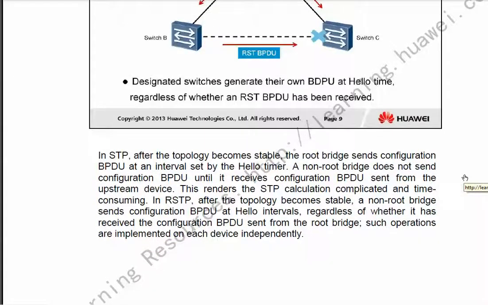In RSTP, after the topology becomes stable, the non-root bridge will send configuration BPDU at hello intervals, regardless of whether it has received the configuration BPDU sent from the root bridge. So such operations are implemented on each device independently.